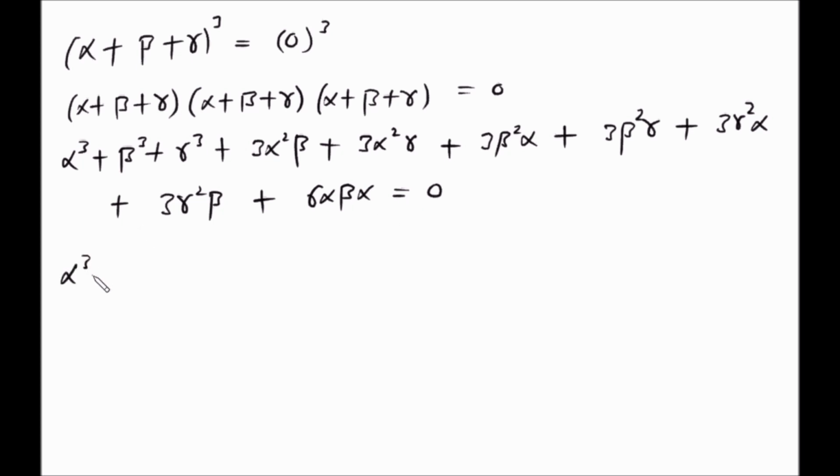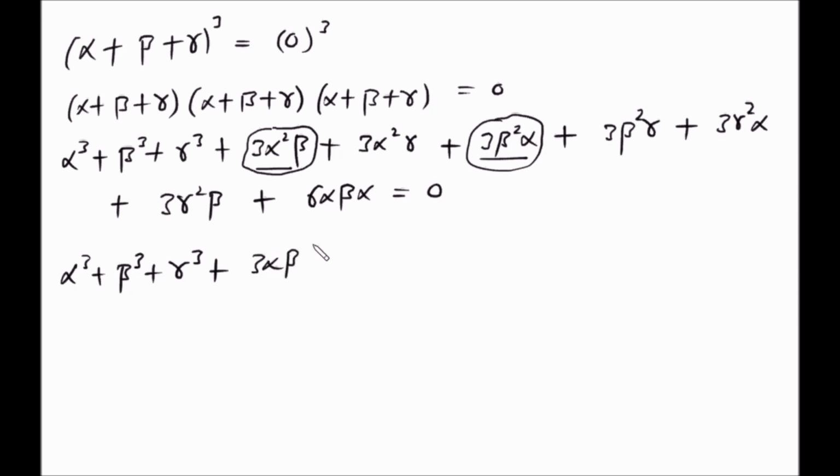So hii ni alpha cube plus beta cube plus gamma cube jumlisha, nitafanyaje? Umeona hii 3 alpha squared beta mwenzake ni huyu si ndio? So hawa wawili hawa, nitoe nje 3 alpha beta. Hapa nitabaki na alpha, wakati hapa nitabaki na nini? Beta.